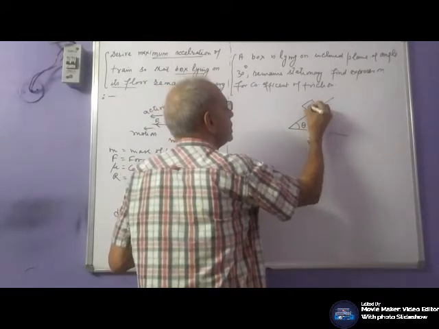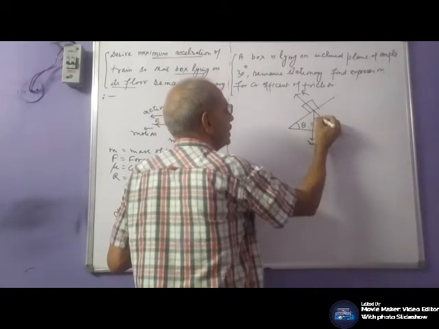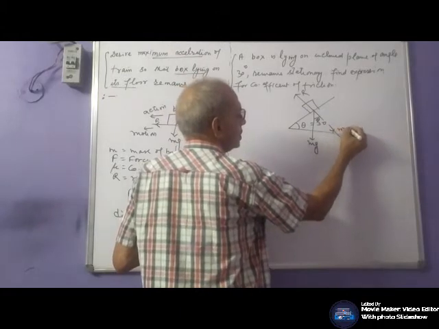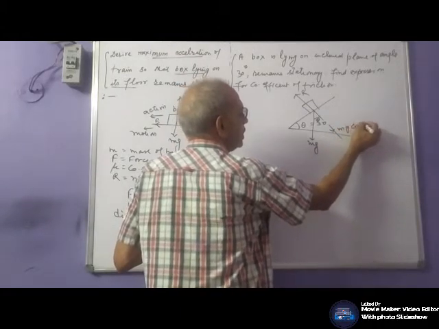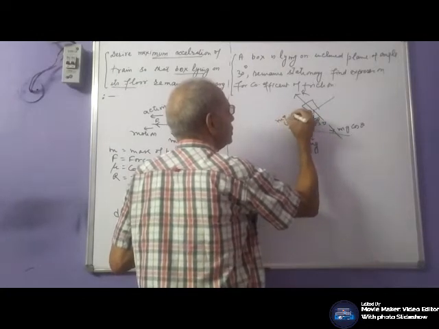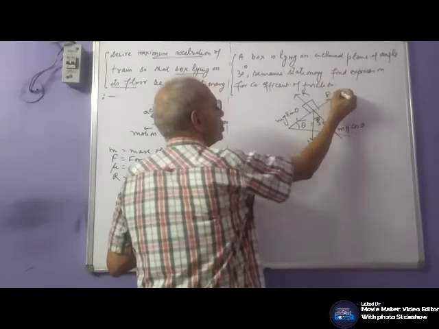Weight. This is normal reaction. This angle will be theta. This is what? mg cos theta. This is mg sin theta. And this is what? Force of friction.